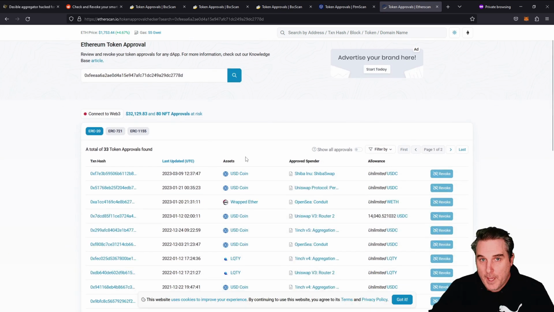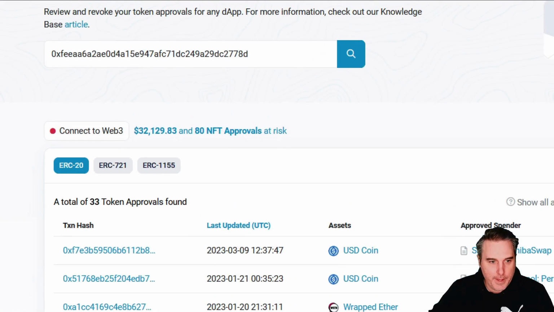So similar format to the BSC chain, where you can see the same sort of thing. But what I found quite interesting here is that even on the official Etherscan site, this wallet has quite a lot of money in it, $32,129.83, but it says at risk.